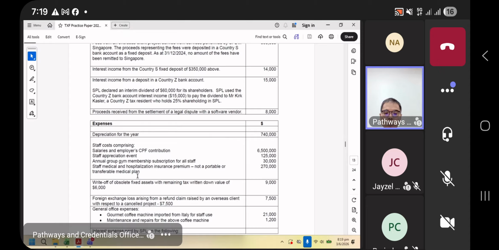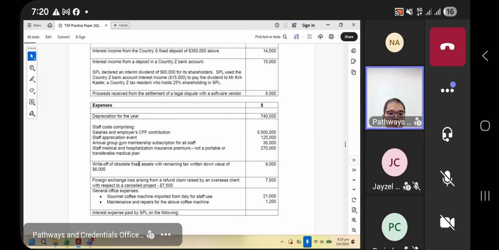Okay, and secondly, you also need to determine what is the definition of medical expenses, because there are certain items that fall within the definition of medical expenses, and there are certain expenses that are not considered medical expenses. Okay, and then the third one that you need to consider is the remuneration. What is the definition of remuneration?